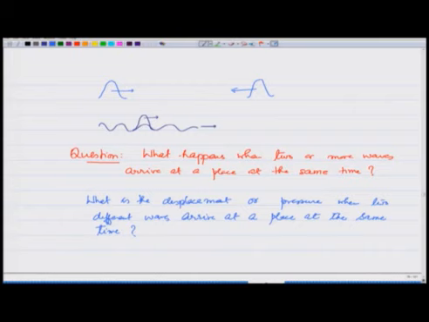So, this is what we want to answer, and this is answered by the superposition of waves.